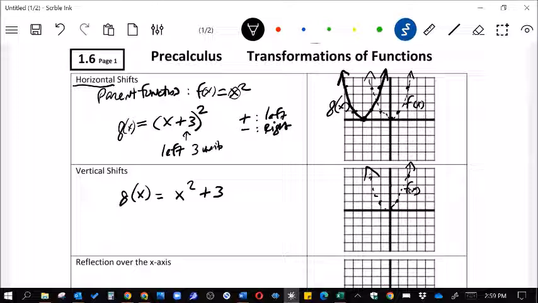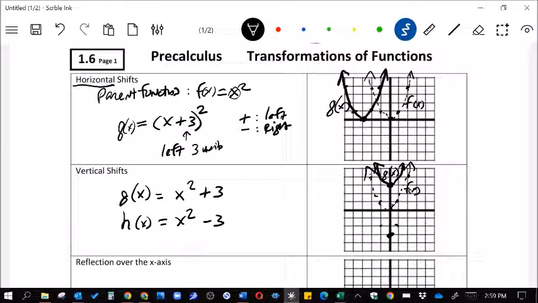So in this case, it's going up 3. Every single point on the graph goes up 3, and so that'll be g of x. Now, we could have another one, h of x, x squared minus 3, and this one goes down.